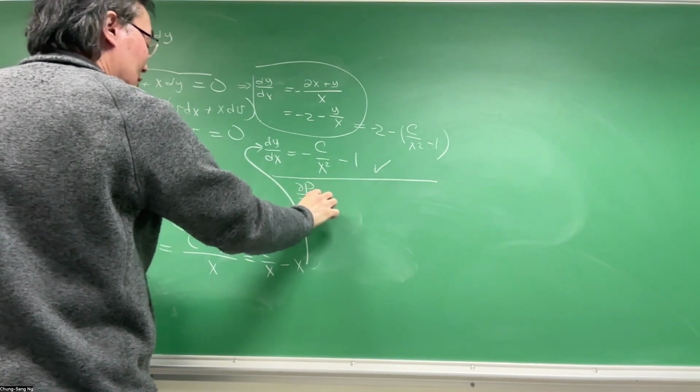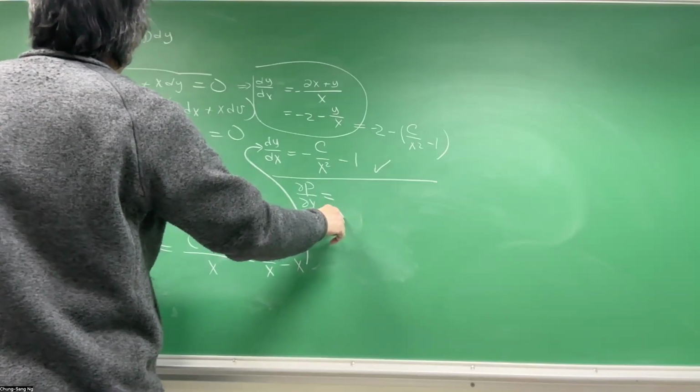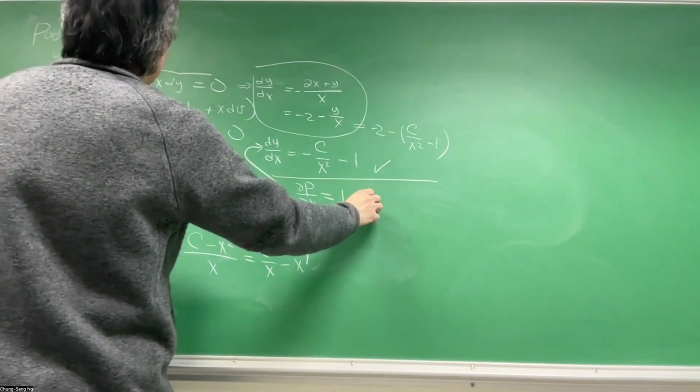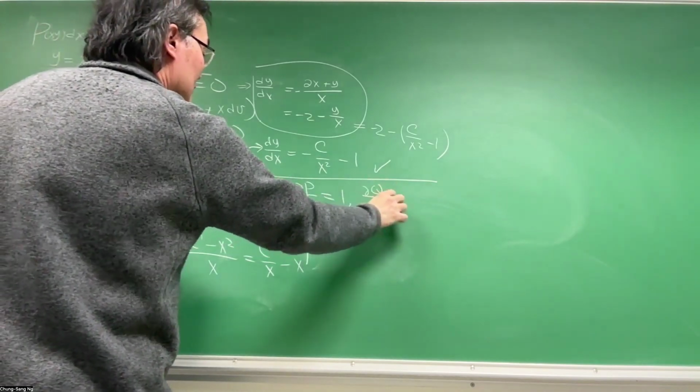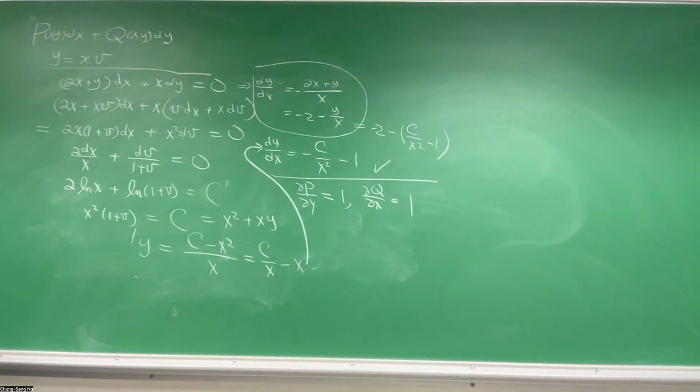Partial p partial y is this one, right? And partial q partial x is partial 1. So this actually turns out to be exact. And you can check whether that is not separable. That turns out to be exact, not separable, right?